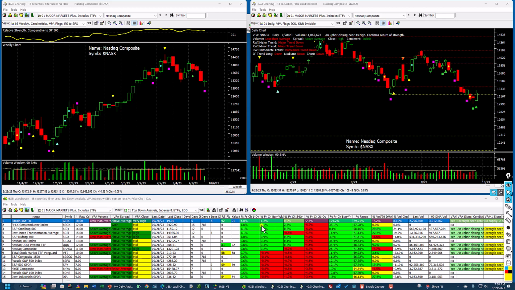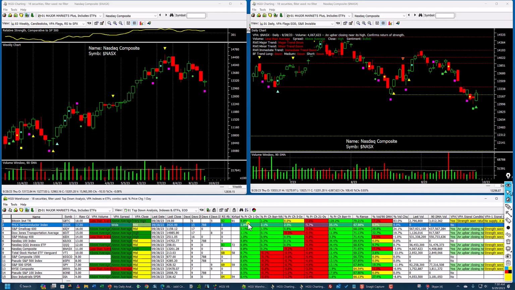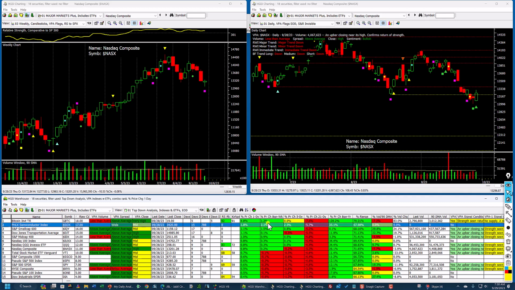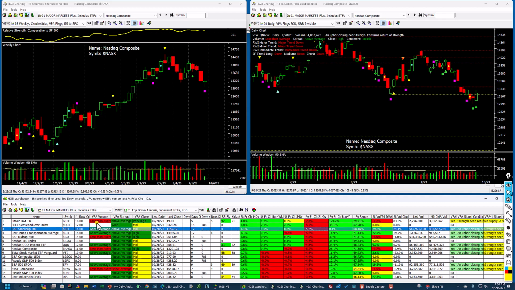We are getting more green here since, for example, on the Bitcoin, there's a 4.8% change yesterday. The change from the beginning of the week is green also, 1.2. 5 days is flat, 21 days it's down, but you can see money flowing in here.